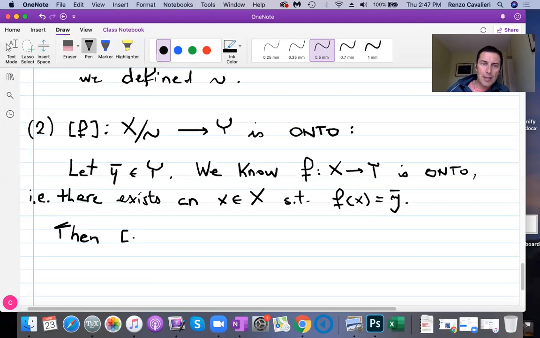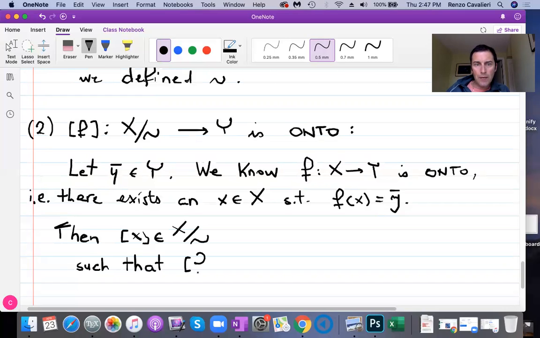Square bracket x, the equivalence class that x belongs to, is an element in x mod tilde such that square bracket f of square bracket x is equal to f of x, which is equal to y bar.